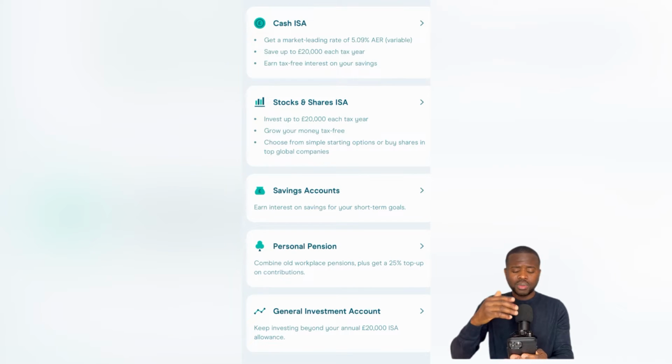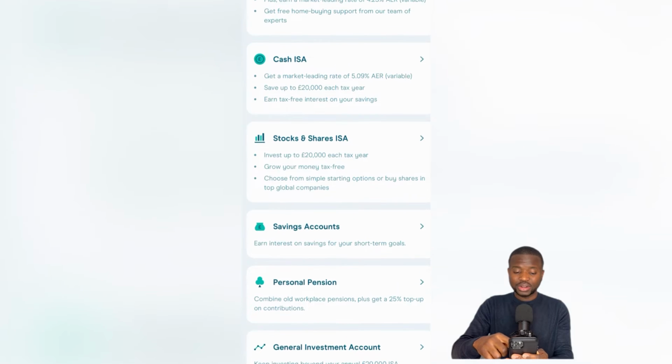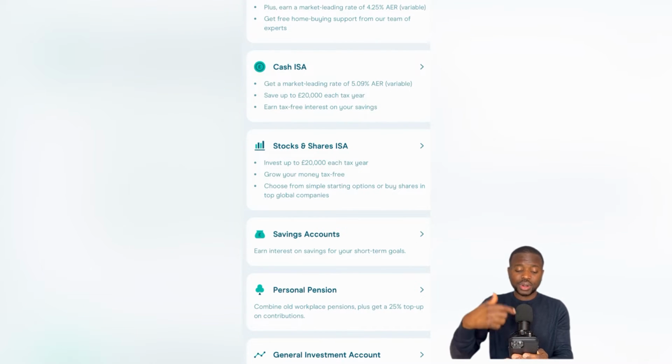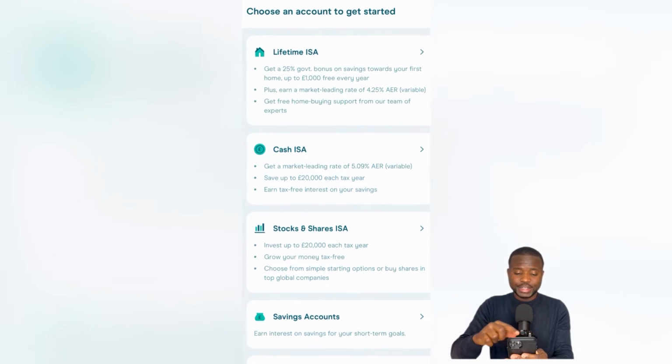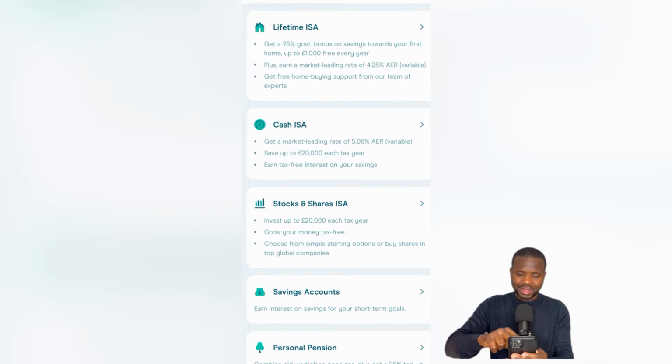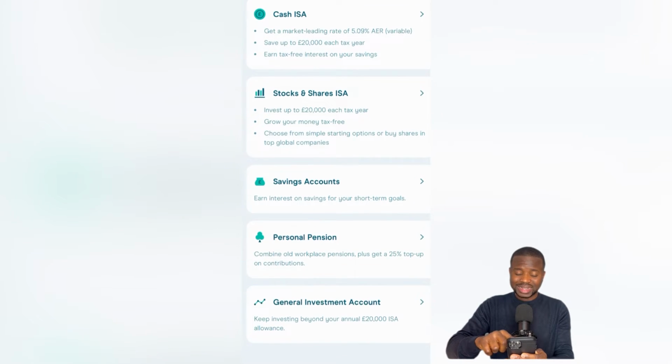So really, whether you want to just save cash or invest in the stock market, it is advisable that you use the cash ISA option or the stocks and shares ISA option, respectively, in order not to pay any taxes on the interest that you make. Remember, however, that for each tax year, you are only allowed to open one each of lifetime ISA, cash ISA, and stocks and shares ISA.